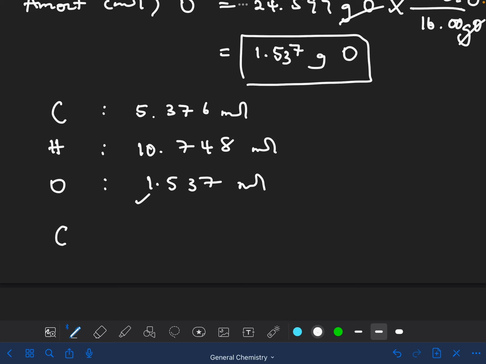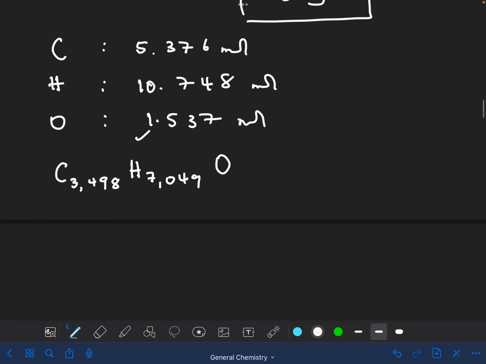Then we have 3.498. I rounded that off. Then H over there. When I make this division, it's going to be 7.049. And then obviously oxygen will be 1.